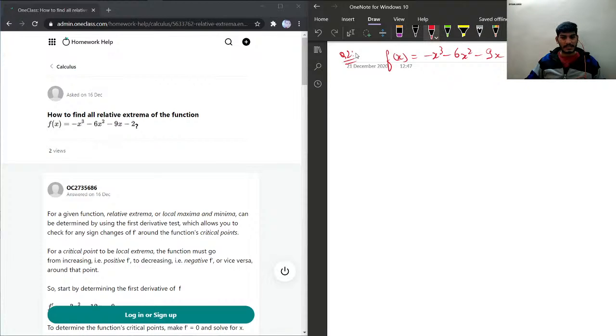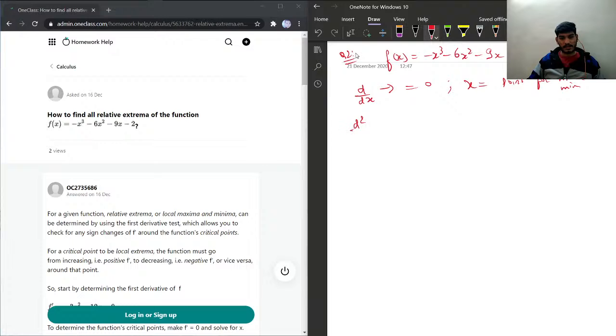First I'll write the condition for extrema, which means minima and maxima. For minima and maxima, we take the first derivative and set it equal to 0, and whatever values of x we obtain will be the points for maxima and minima.